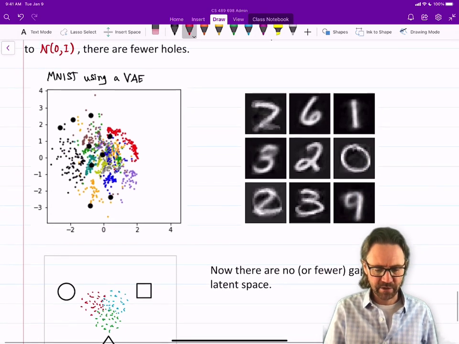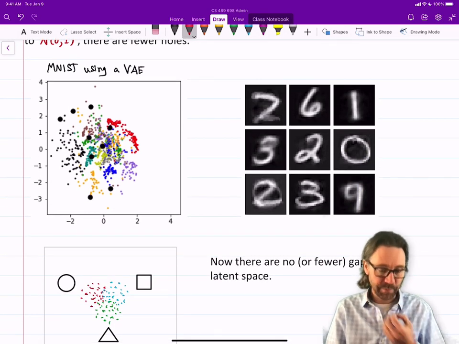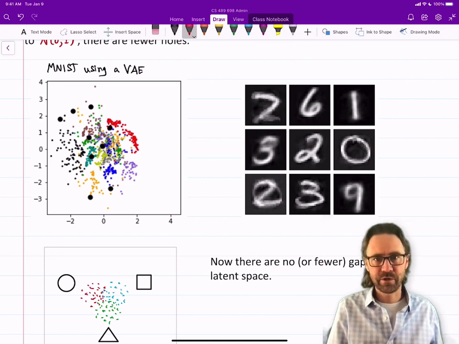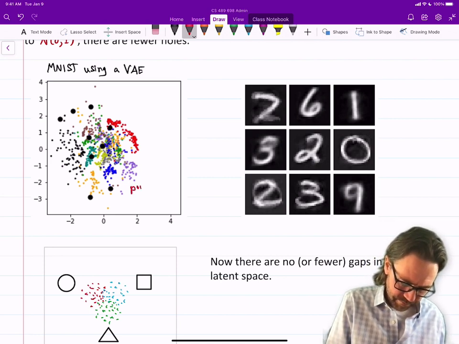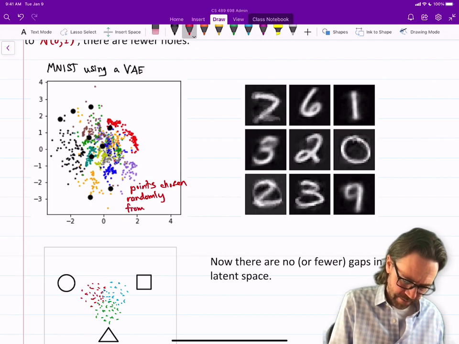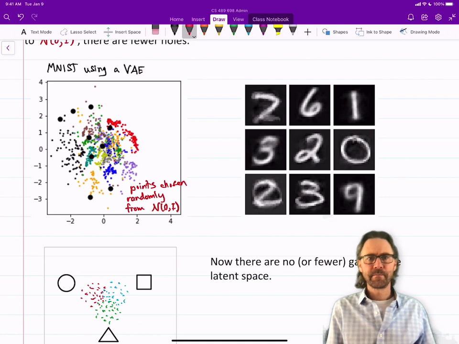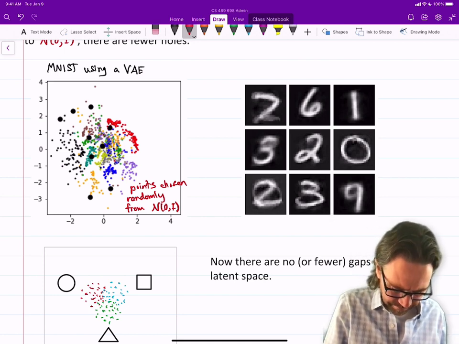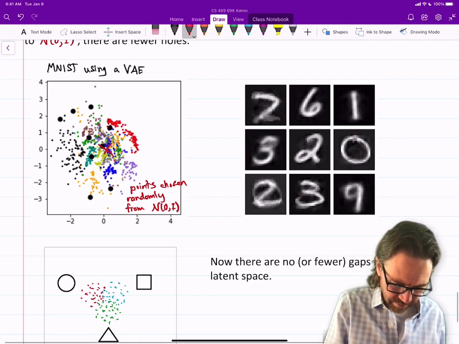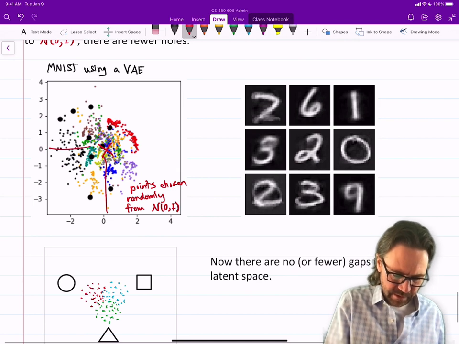So again, here's a different latent space, and again the points are chosen randomly, but randomly from standard normal. You can see the origin is about here, 0, 0.